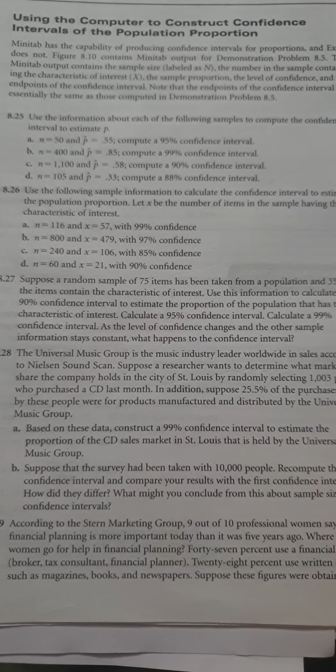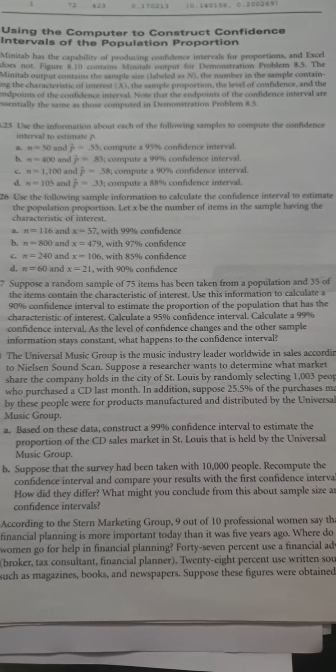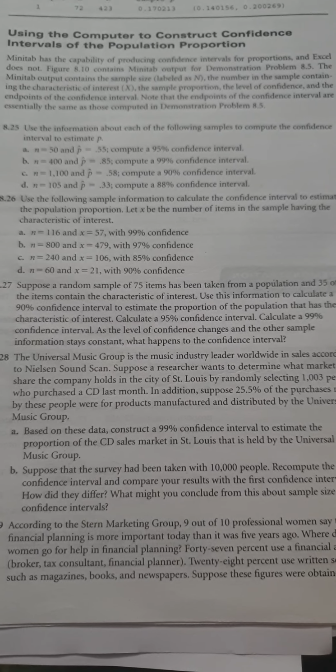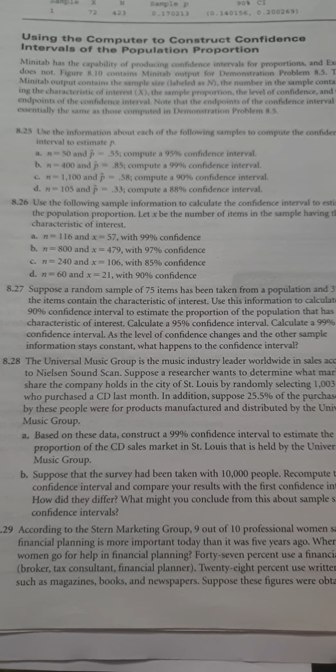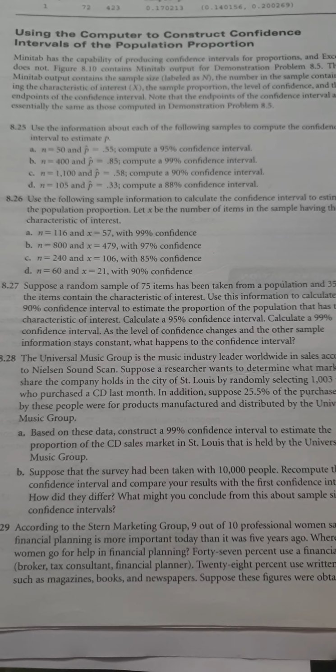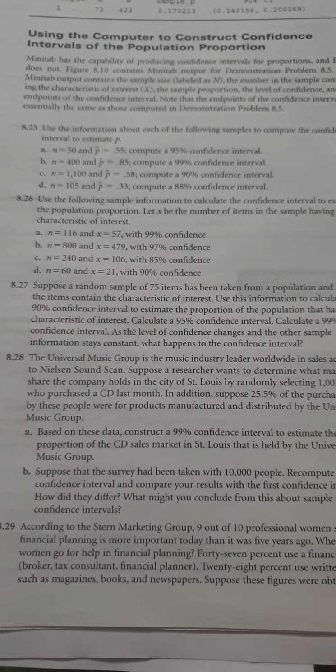Use the information about each of the following samples to compute the confidence interval to estimate the P. First one, n equals 50, P cap 0.55, compute a 95% confidence interval.